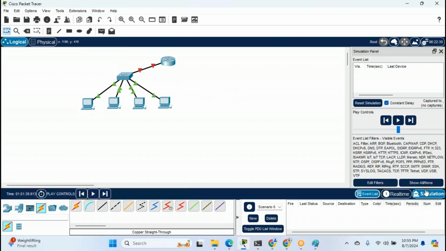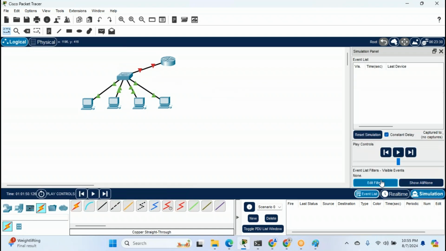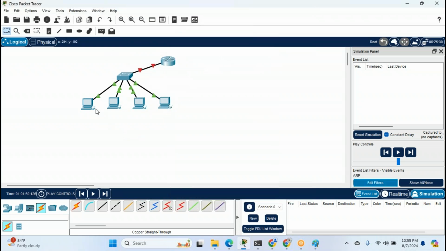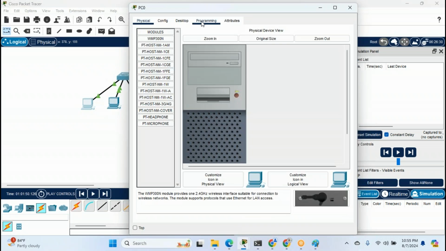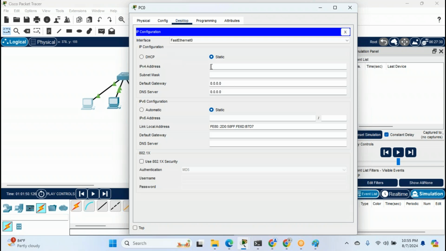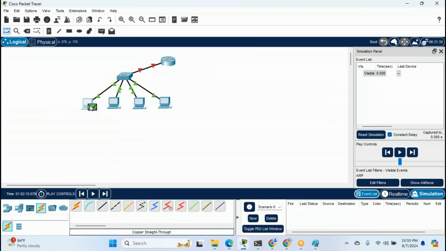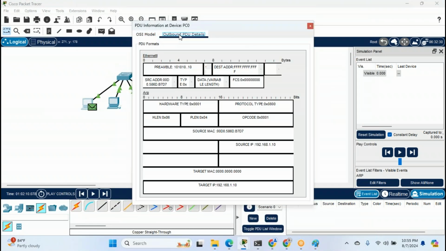Okay, so first of all, let's go to the simulation mode, show all none, edit filters, ARP. ARP is used for duplicate address detection. If we go to this PC, desktop, and I enter 192.168.1.10 and press tab, it has generated an ARP packet. If we open this ARP packet, you can see the destination is the broadcast MAC address.